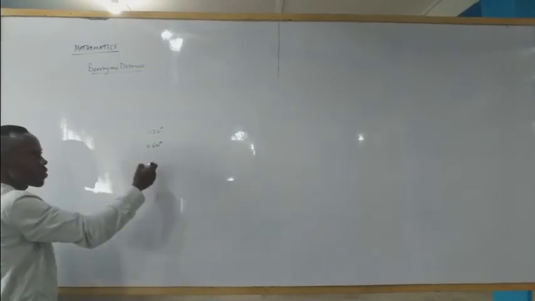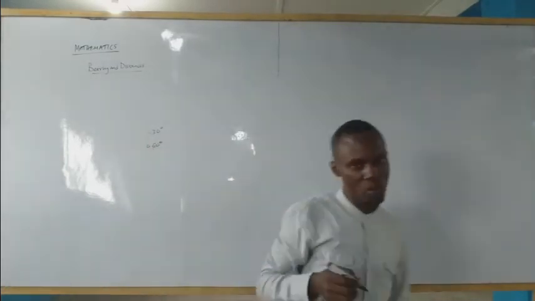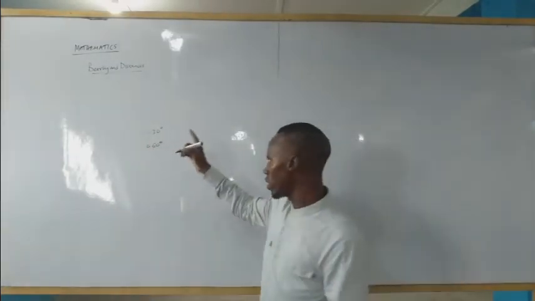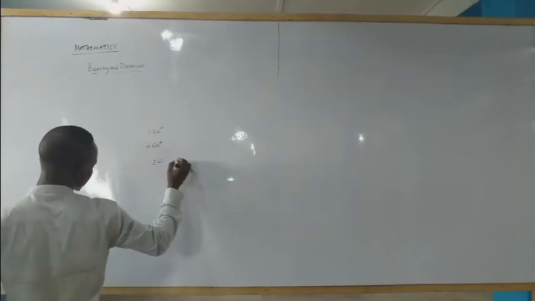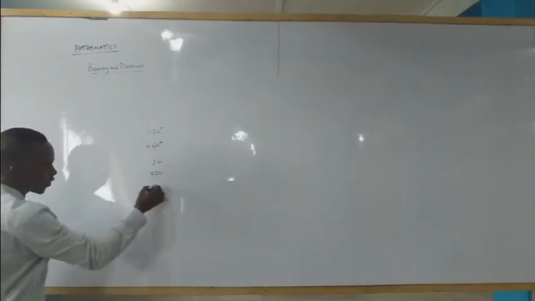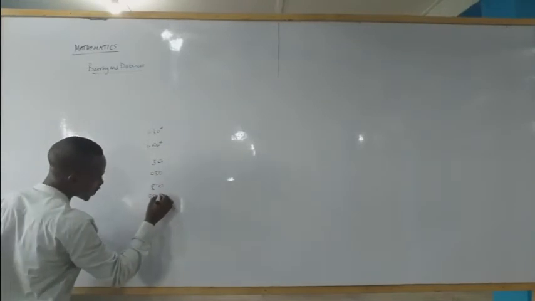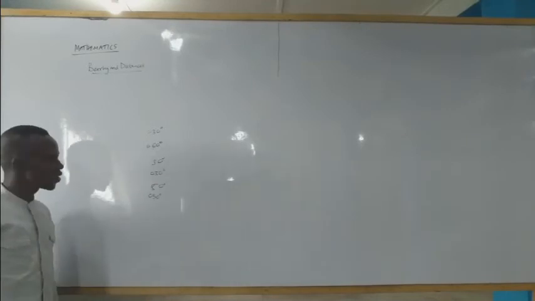Why are we calling it 3 digits bearing? Because there are 3 figures. So if you are given 30, just know it is the same thing as 030. If you are given 50, it's the same thing as 050 degrees.